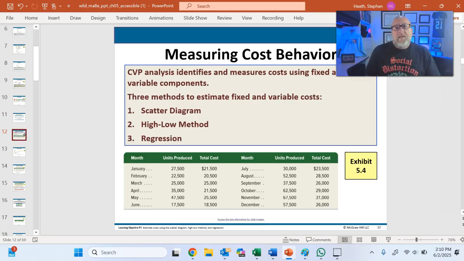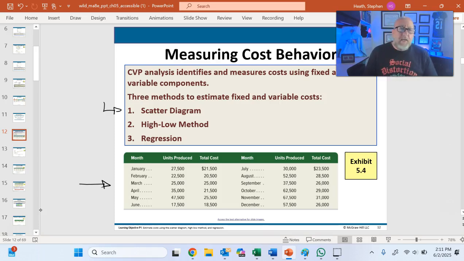So in this particular slide, we're basically saying there are three methods that we're going to use. Down here is our data.